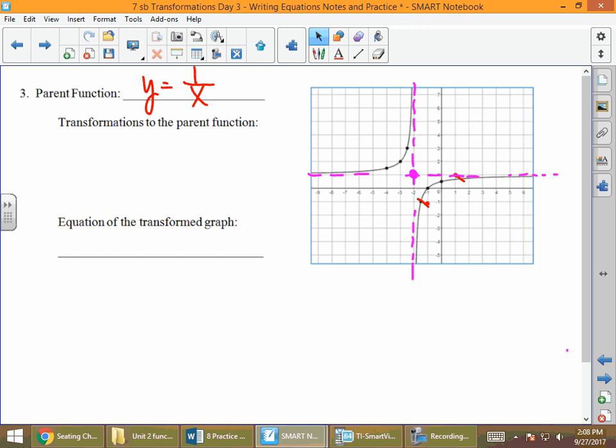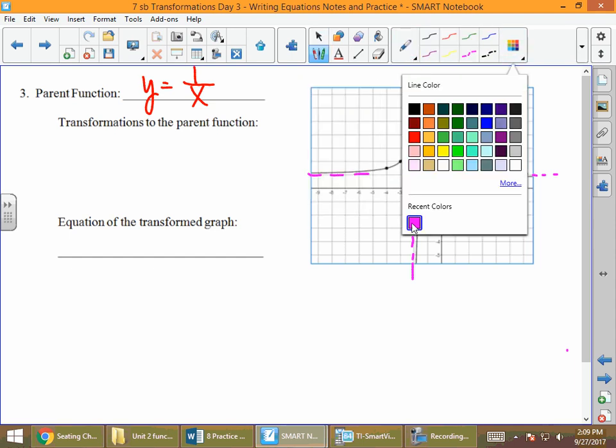And all that tells us is, did we move right or left? Did we move up or down? And what this says is we moved left 2. Left 2.